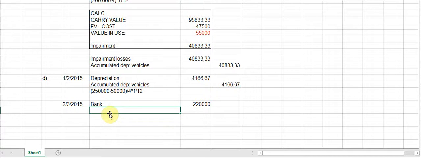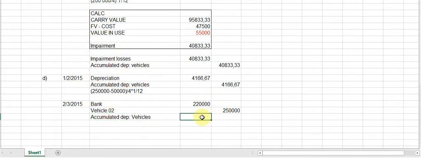So now I'm going to say I need to take out the asset itself, vehicle O2. So I'm going to credit it by the cost price of 250,000 Rand. And then I also need to take out its accumulated depreciation, and that is on vehicles.